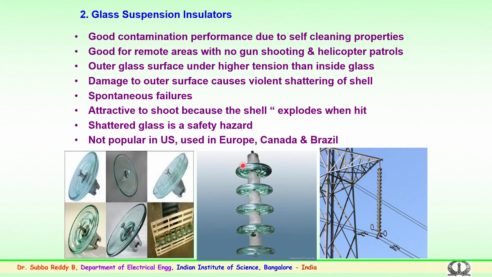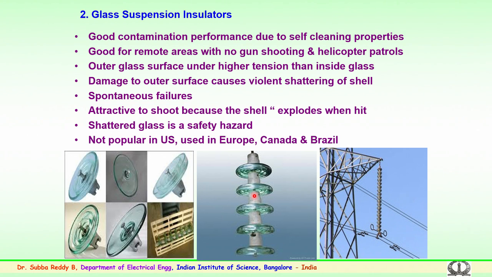Again, the outer glass which is being used is under high tension compared to the inner side. Sometimes the failures or shattering happen on the outer surface with a violent shattering of the shell. Sometimes spontaneous failures also have happened in the field. As mentioned, it is an attractive shoot because the shell explodes.